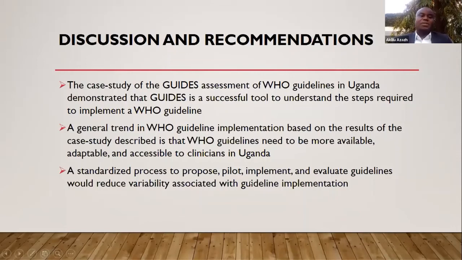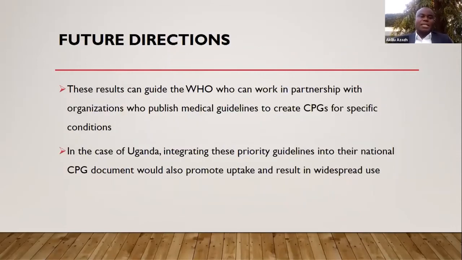In terms of future directions, these results can guide the WHO, who can work in partnership with organizations or individuals or teams to publish medical guidelines to create CPGs for specific conditions.